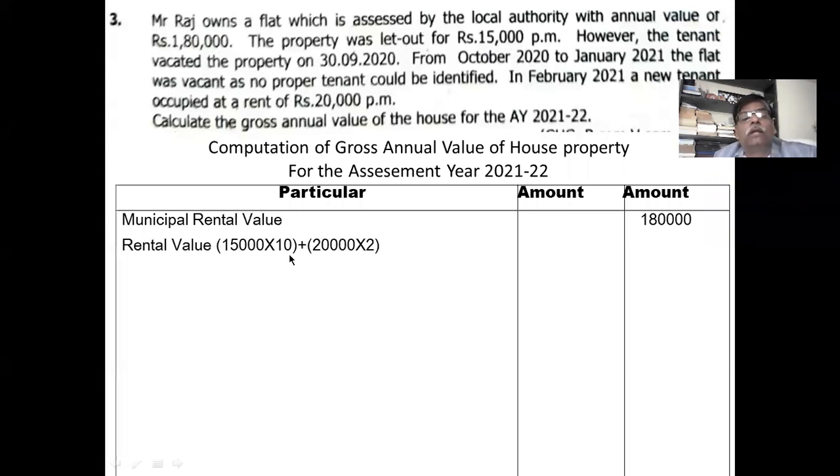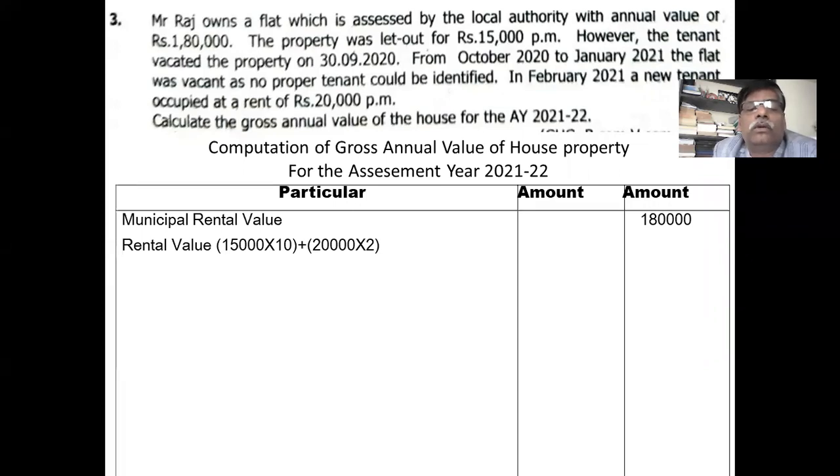First 10-month rent is 15,000. It may be vacant, but you consider that rent. Starting rent is 15,000. And last 2-month rent, February, March, 20,000. So 20,000 into 2, 40,000.